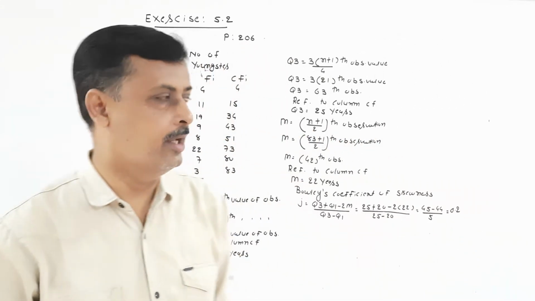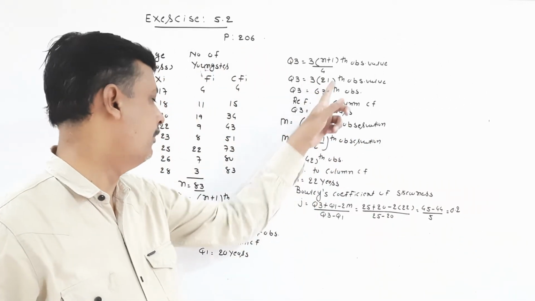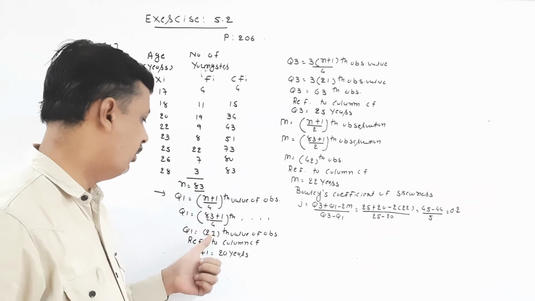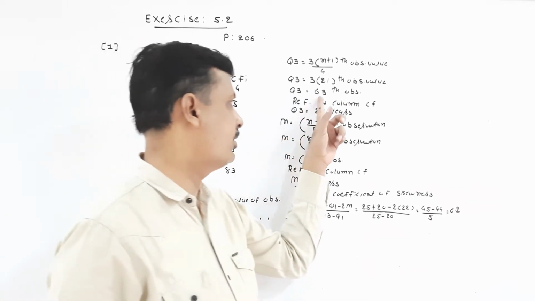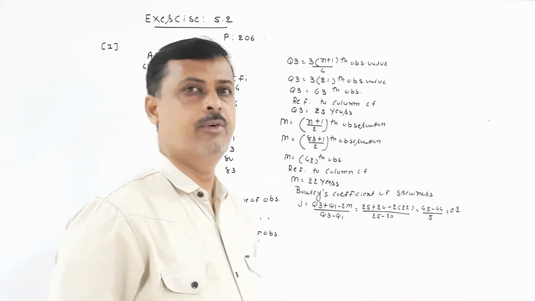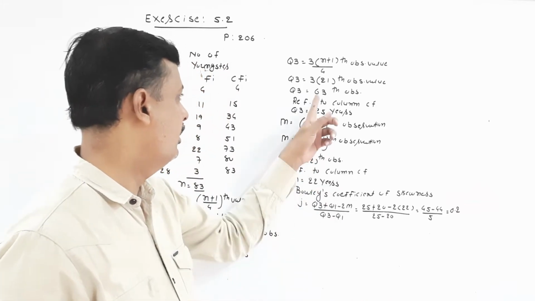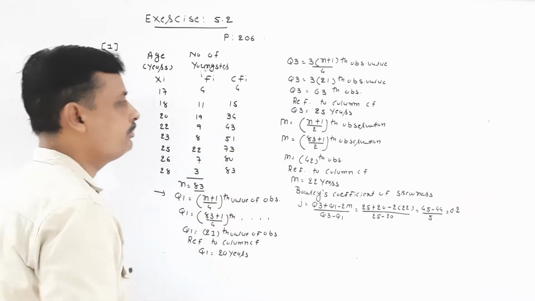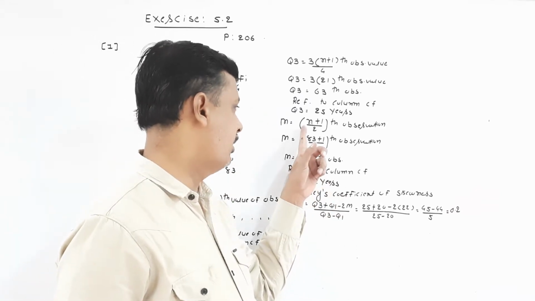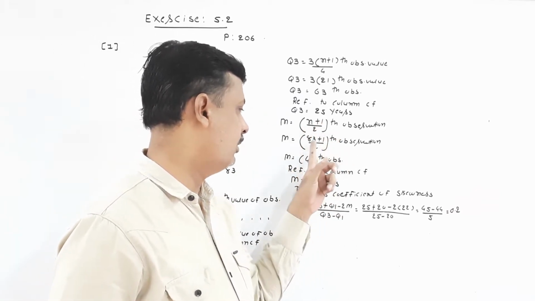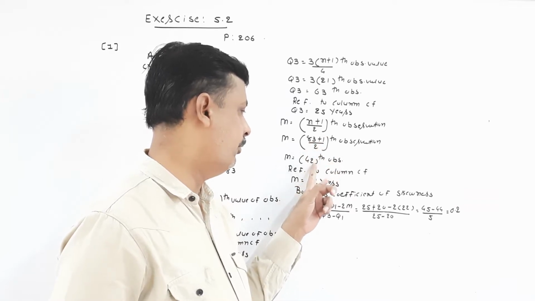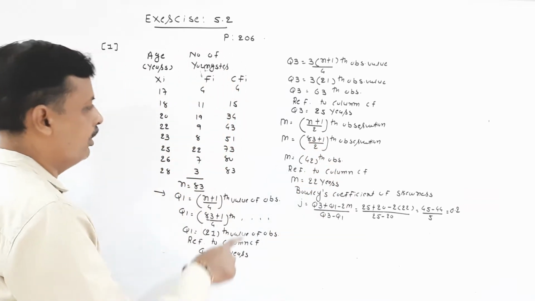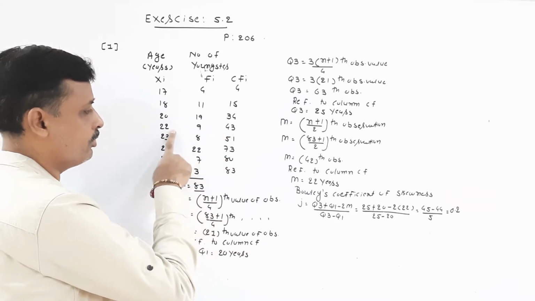Q3 is equal to 3(n plus 1) by 4, that is 21 into 3, 63. Now refer to column CF. We got 63 from 73, so 25. The median is (n plus 1) by 2, 83 plus 1 upon 2, that is 42. So we got 42 in 43, so 22 years.